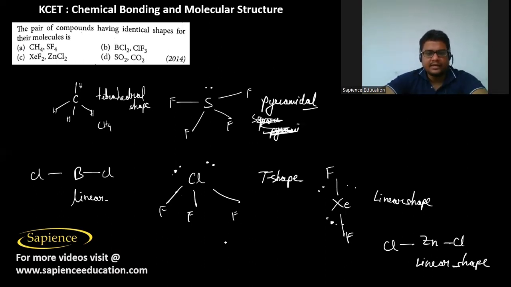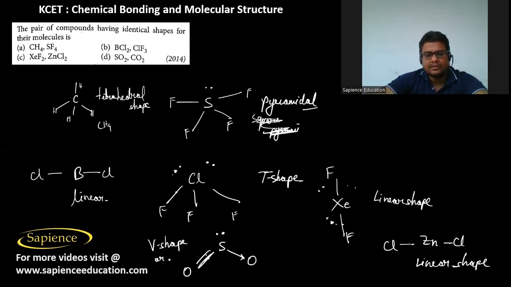And in case of SO2, 1, 2, 3, 4. Okay. So here SO2 has got one lone pair and 2 bonds are there. So it is kind of V shape or bent shape.